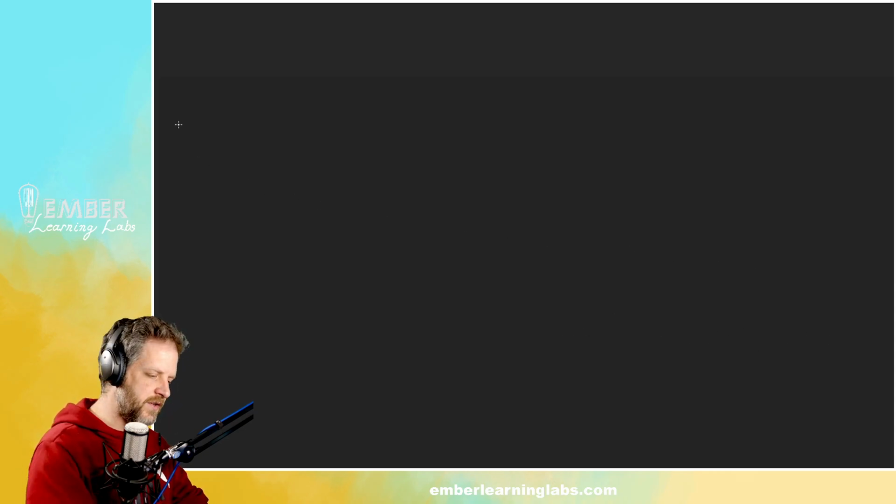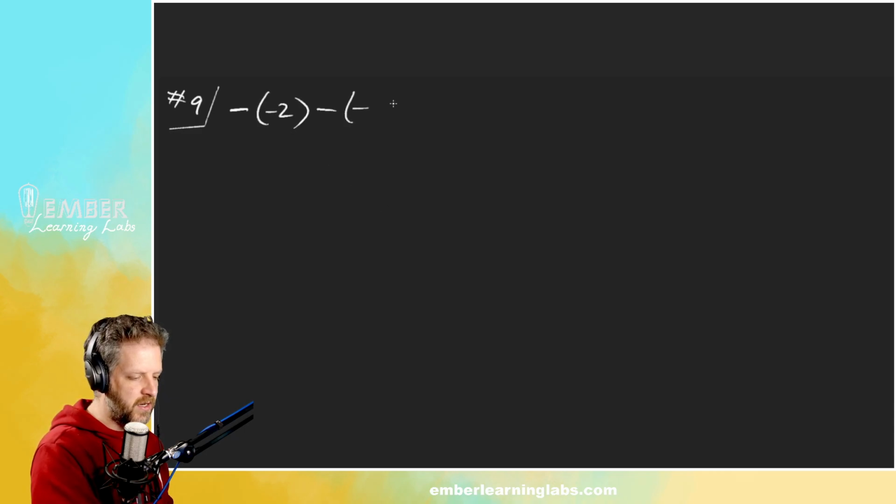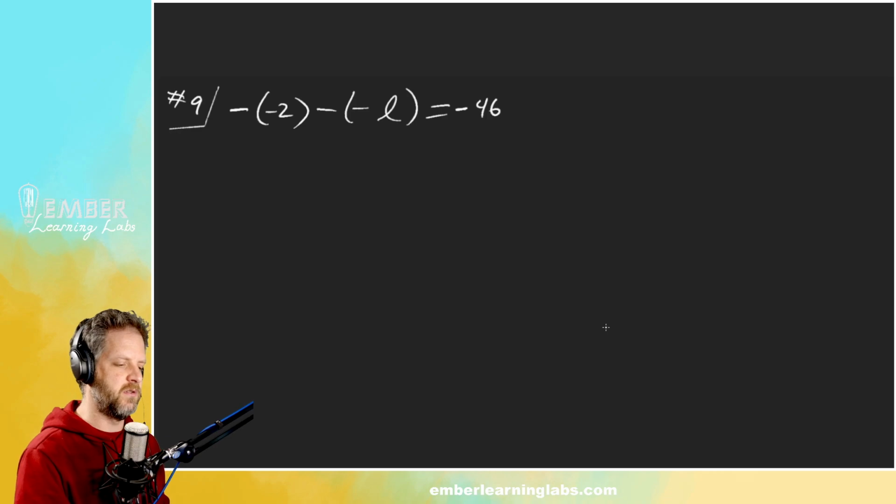Let's do a couple more GPs. Throw all kinds of shenanigans in here. Number 9. Let's do negative 2 minus negative L equals negative 46.